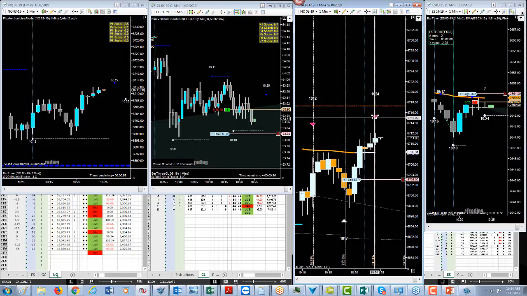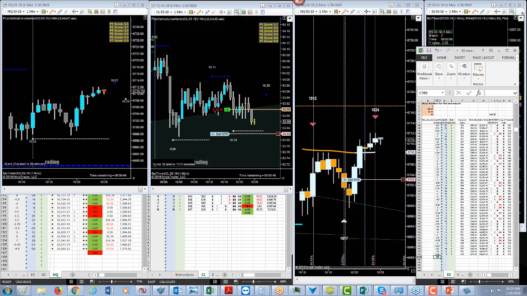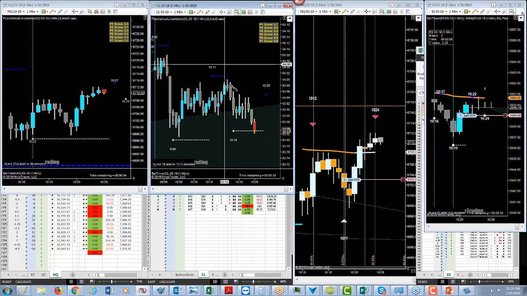Okay, so I closed the NQ position at 1024. And we're going to take profit here, 0.5. We're going to exit if it comes through the white line, and CL hit its stop, protecting our account.